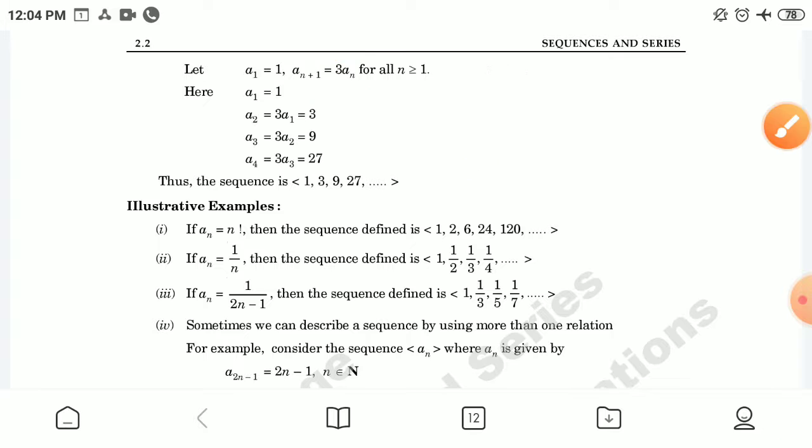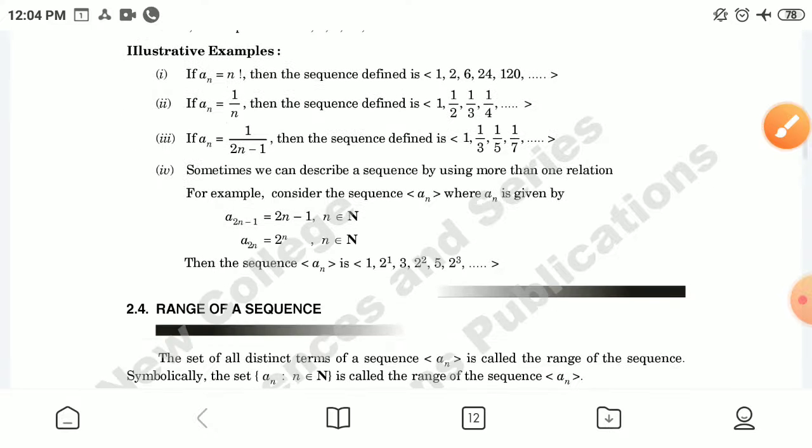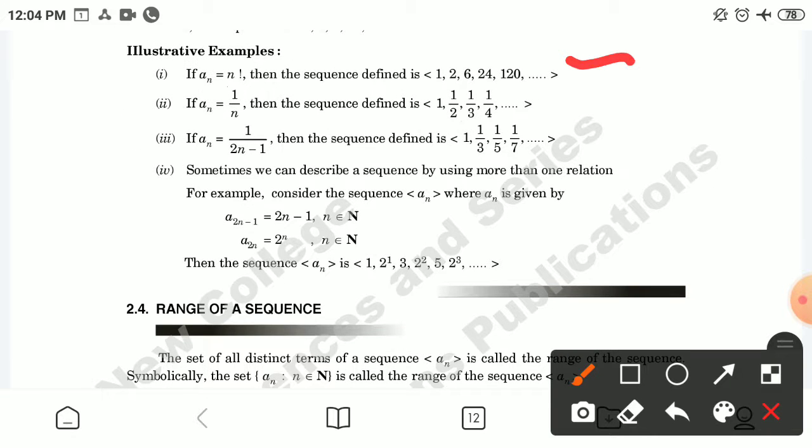Now making another illustrations by examples. If we take a_n equal to n factorial, then the sequence defined is 1, 2, 6, 24, 120, and so on.